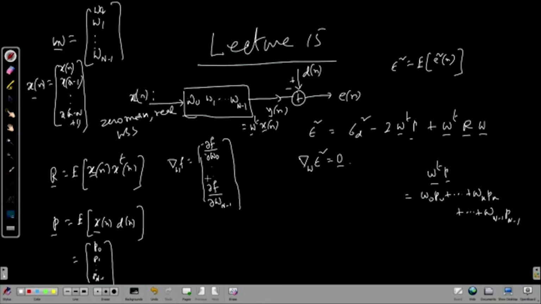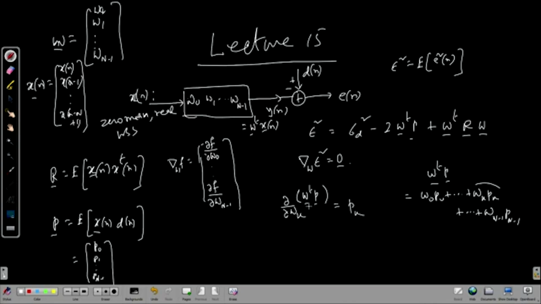So, if I take the partial derivative of this W transpose P with respect to any of the weights, say del Wk, then on the right hand side only one term has Wk present, no other term does. So, other terms will disappear, and Wk Pk differentiated with respect to Wk will give rise to Pk.